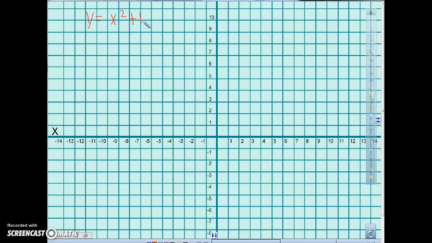This is a great time to learn how to use your graphing calculator. Go to the y equals menu, make sure you always remember to clear it before you start typing anything in, type x squared plus 1 and then hit the graph button. The variable x that you're going to type in your calculator is right underneath the mode button.